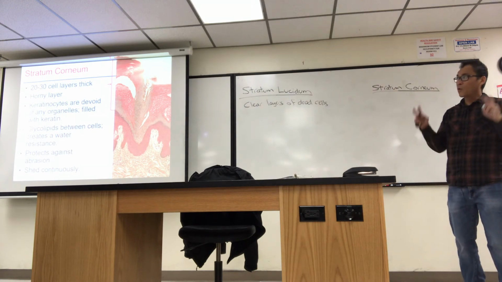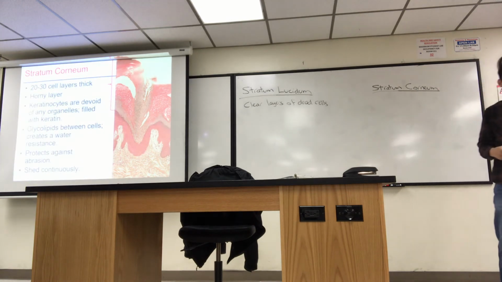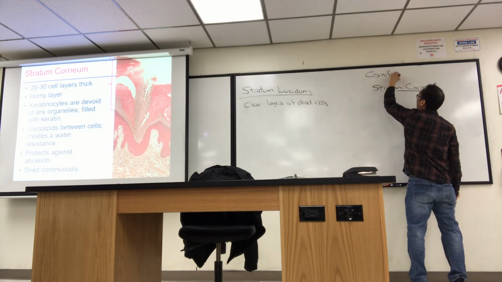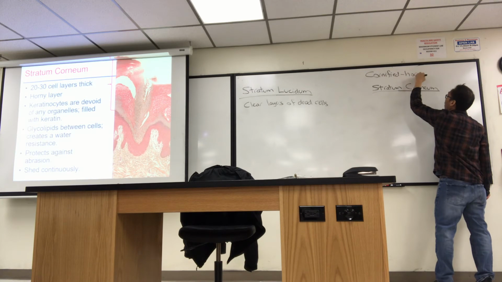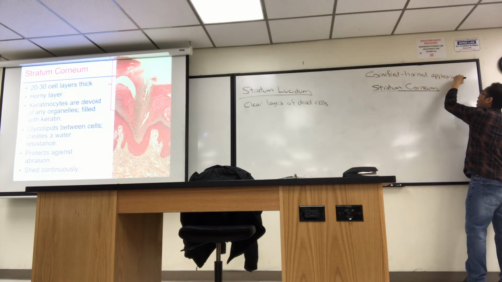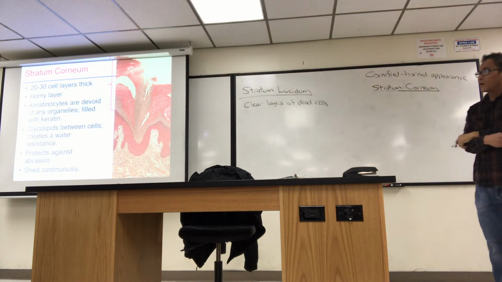In anatomy, that word corneum, cornified, means horned appearance. So this is the thickest layer here, 20 to 30 cells thick.